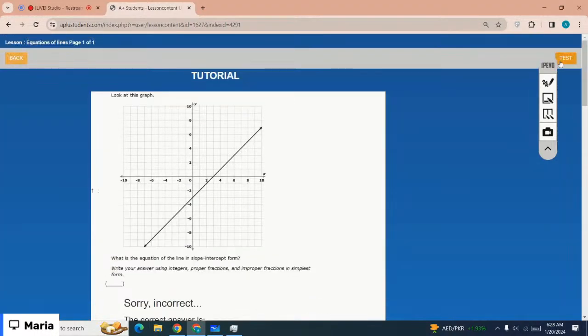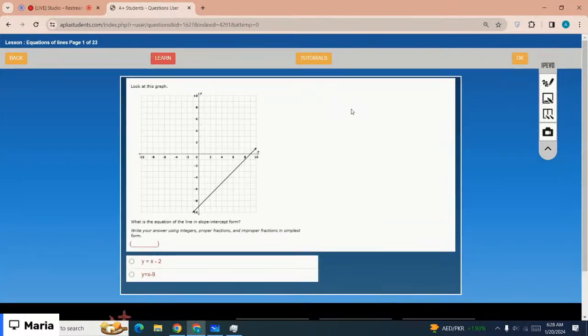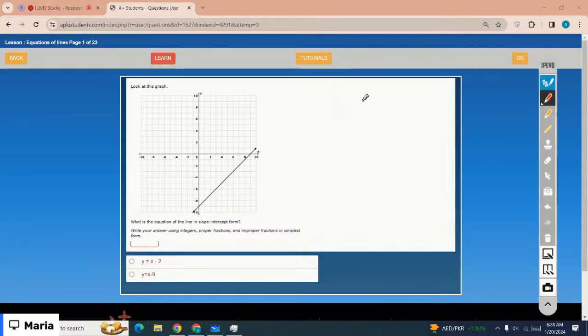Let's just start with the test questions. Okay, look at this graph. What is the equation of the line in slope intercept form, right? So the slope intercept form is y equals mx plus b. That means you need two things, m and b. M is the slope and b is the y-intercept.